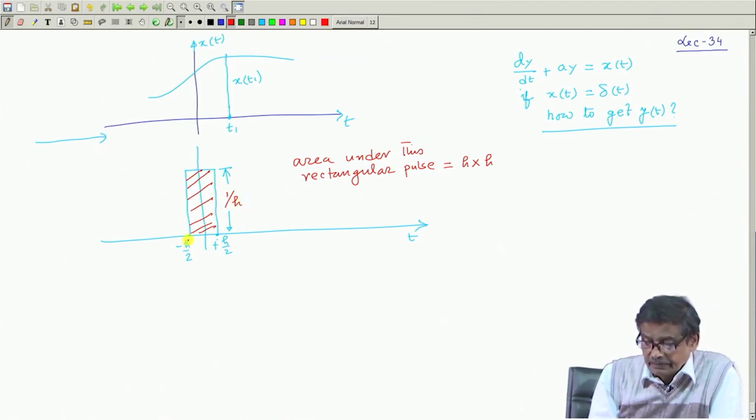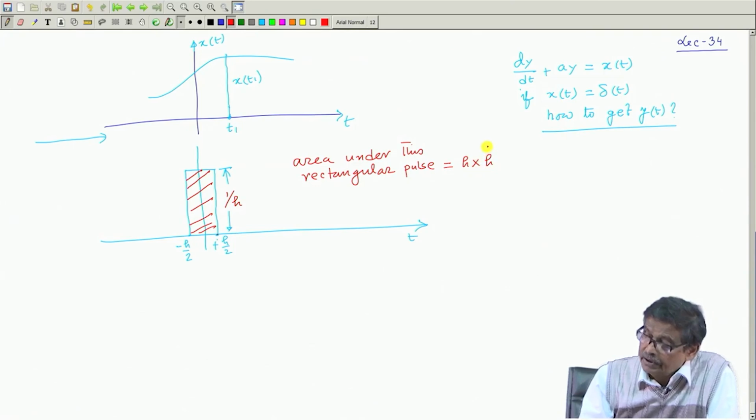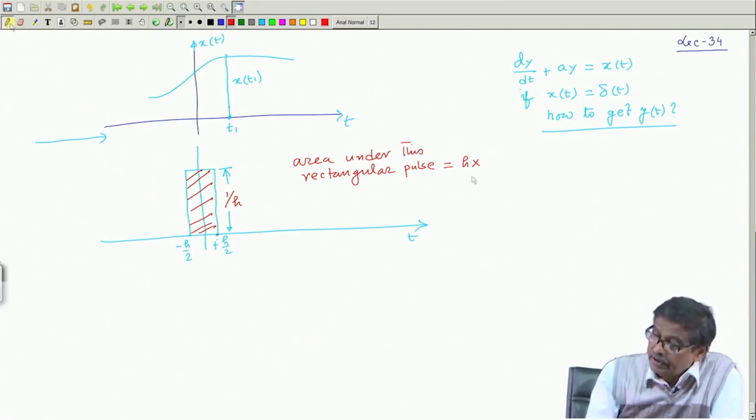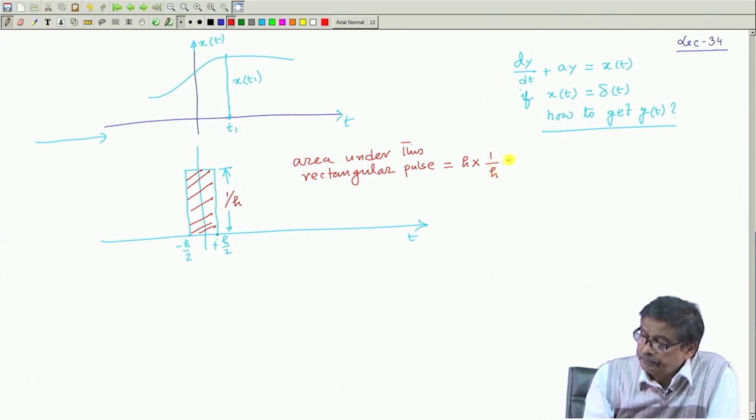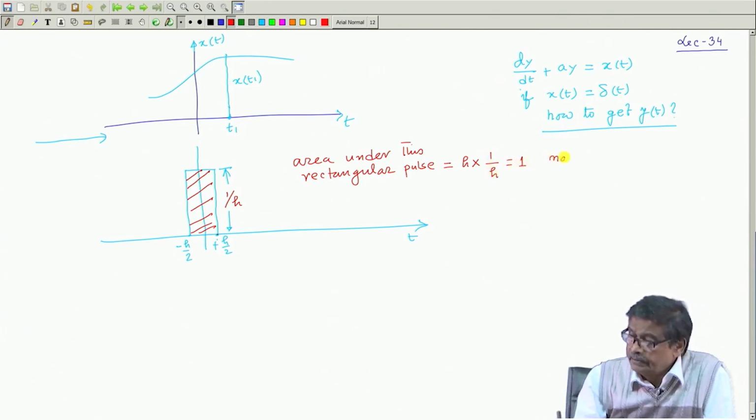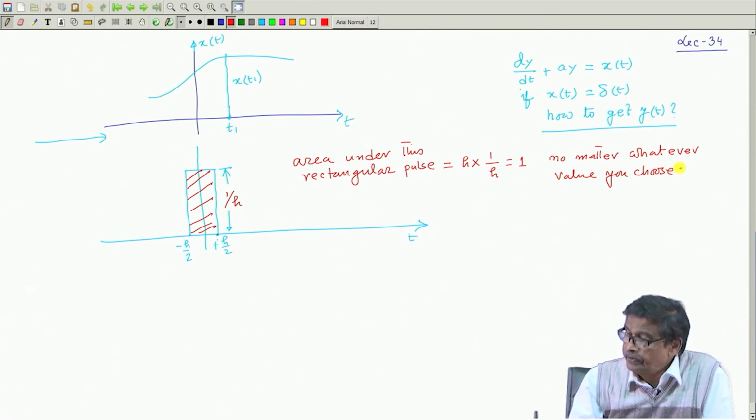So it is a rectangle of width h, h by 2 on each side, and height is 1 by h. Area will be h into 1 by h, which will be equal to always 1, no matter whatever value you choose for h.